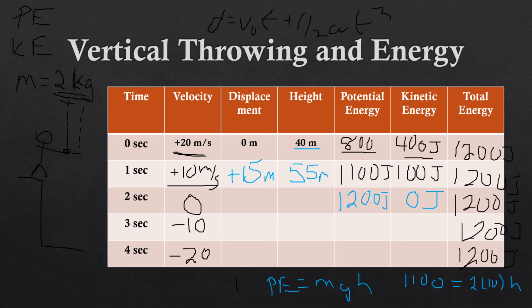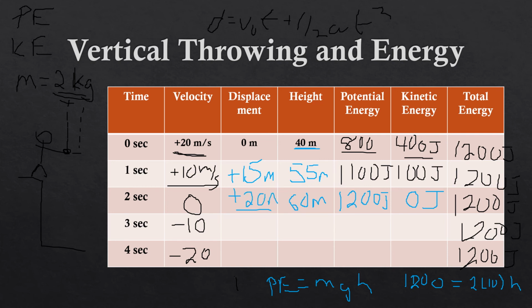So what's the height here? Instead of using 1100, we're just going to plug in 1200. And when we do 1200 divided by 20, we're going to get 60. What's the displacement? From 40 to 60 is plus 20 meters.